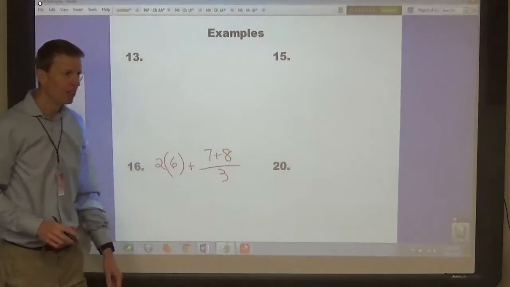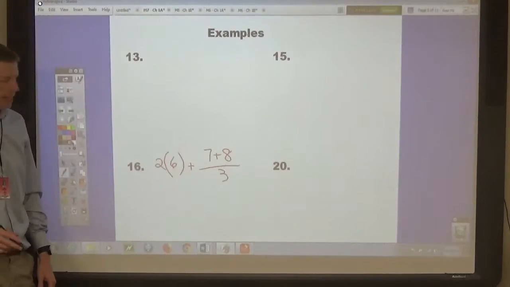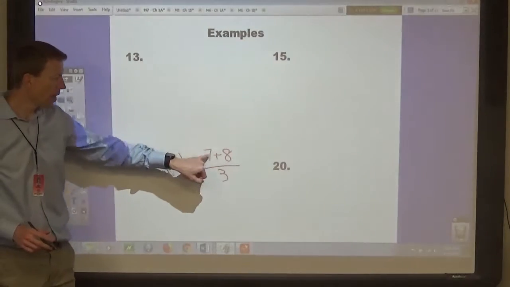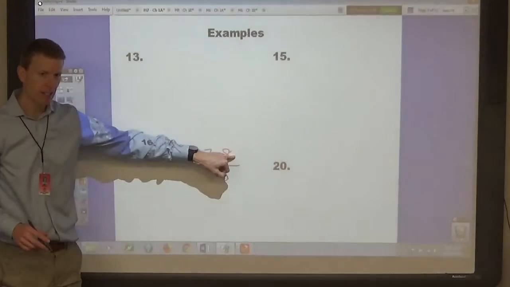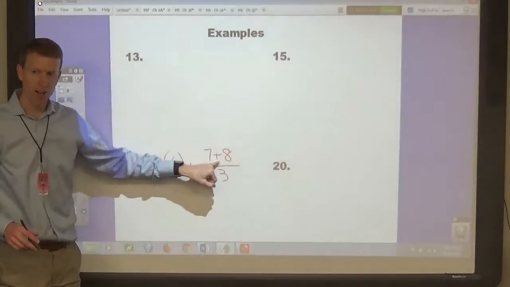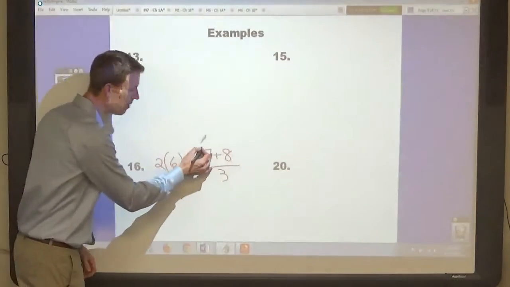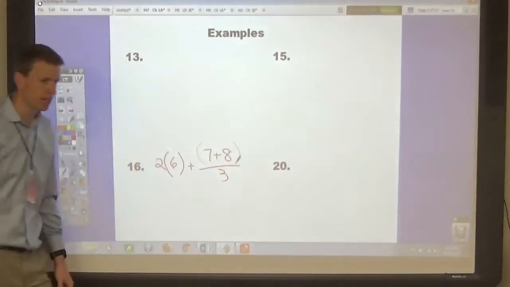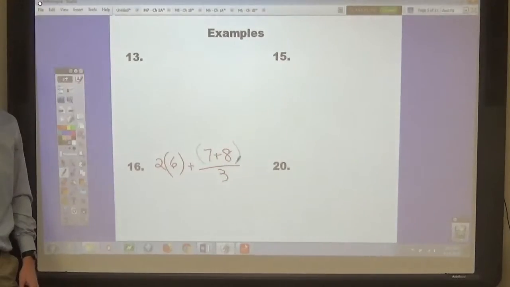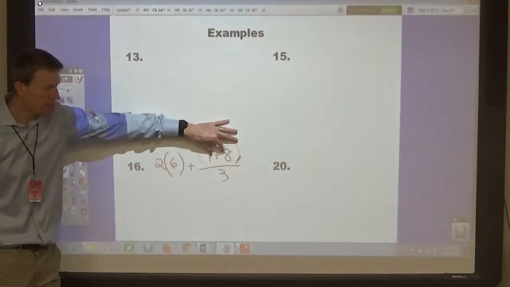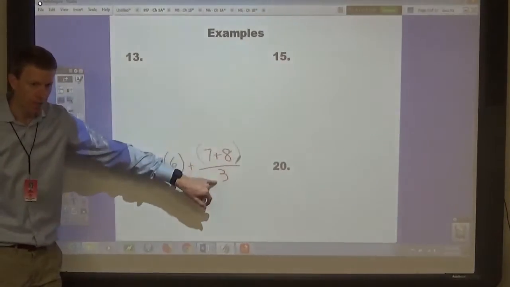Yep. So one of the things that I want you to recognize is that when you have an expression that's written above the division bar, it's kind of like having it in parentheses. In other words, you need to simplify this first before dividing.